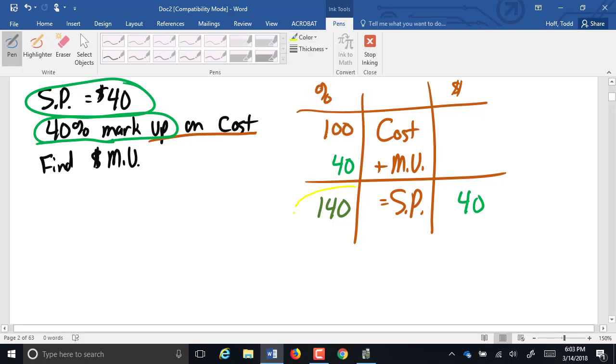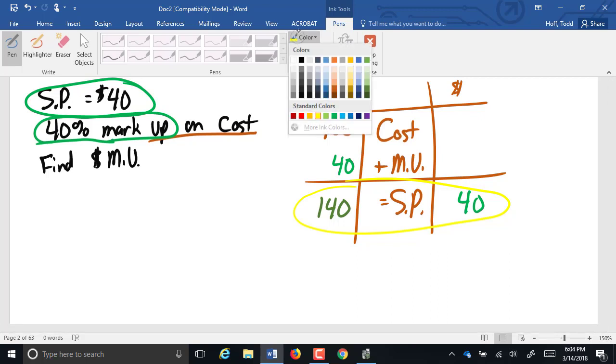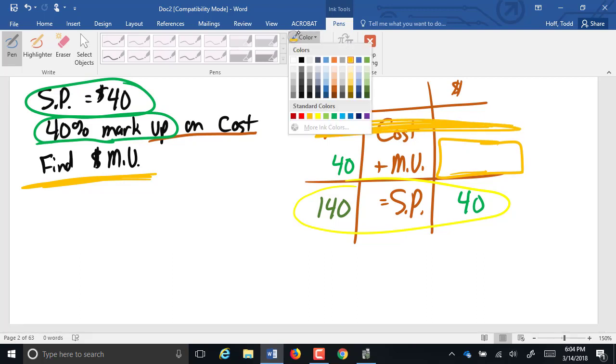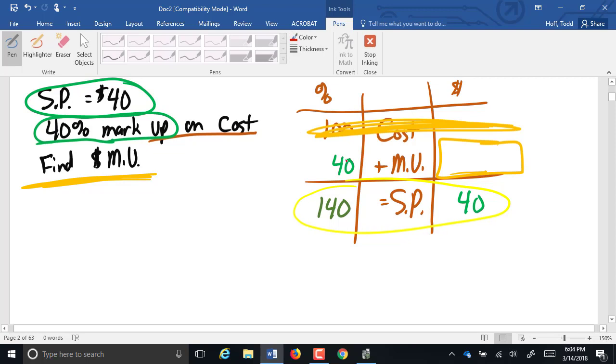So we have this row down here where we have both numbers, the selling price. Which value are we looking for here? Find the markup, right? The dollar amount of the markup. So we're looking for that amount right there. So the bottom row has both numbers. We need to keep the bottom row. The middle row, the markup is what we're looking for. So we can ignore the top row for now. So what we're going to do is cross multiply and divide.